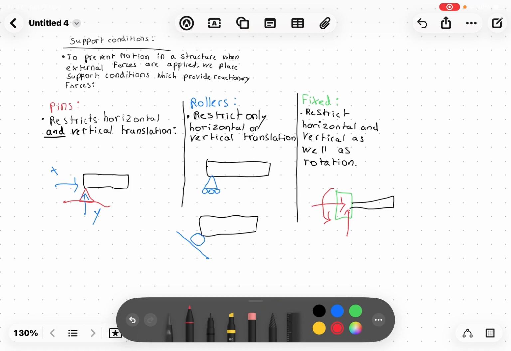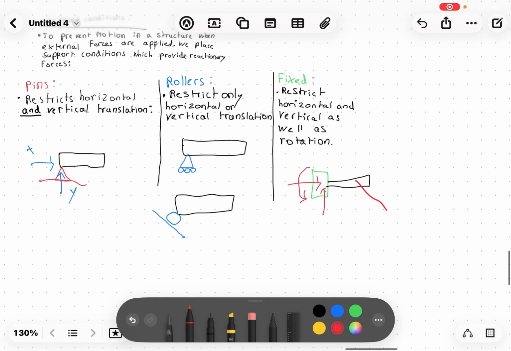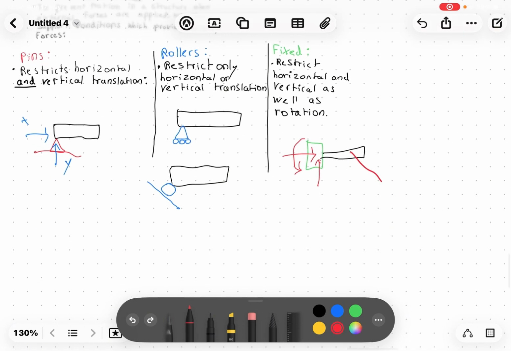I assume it's because it can fall like this, so the moment would be like this. I'm trying to figure out how it works, but I don't know.